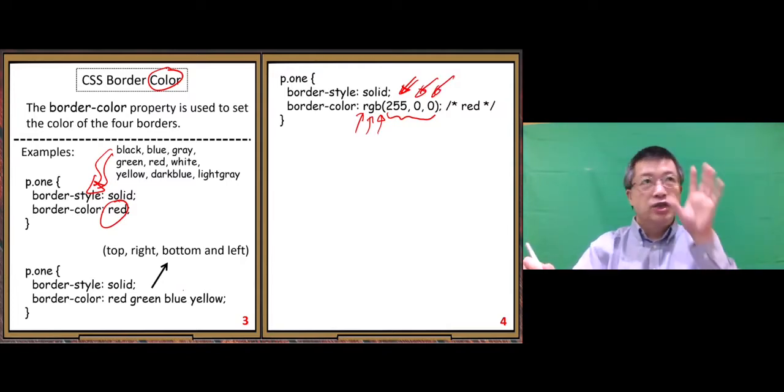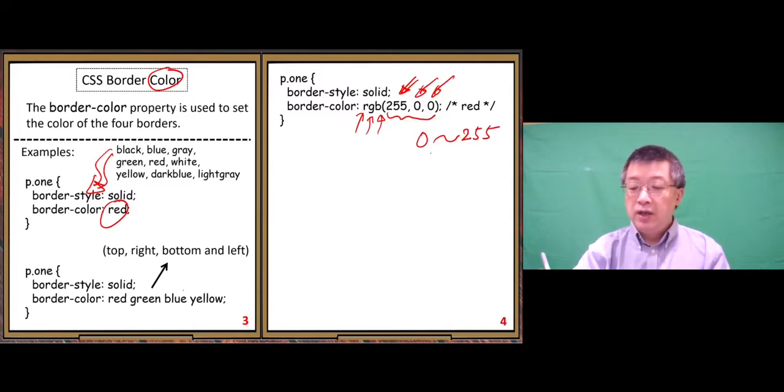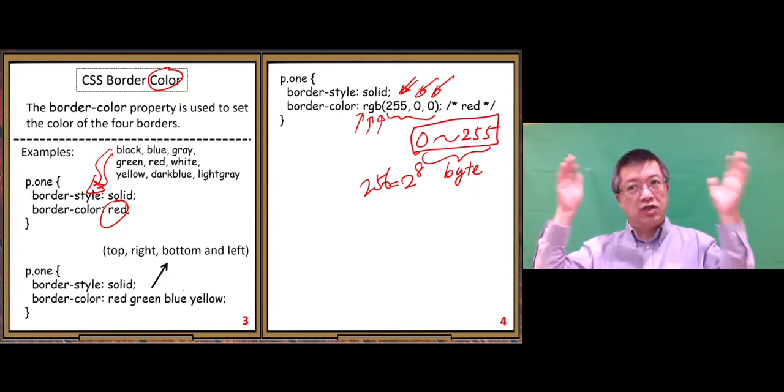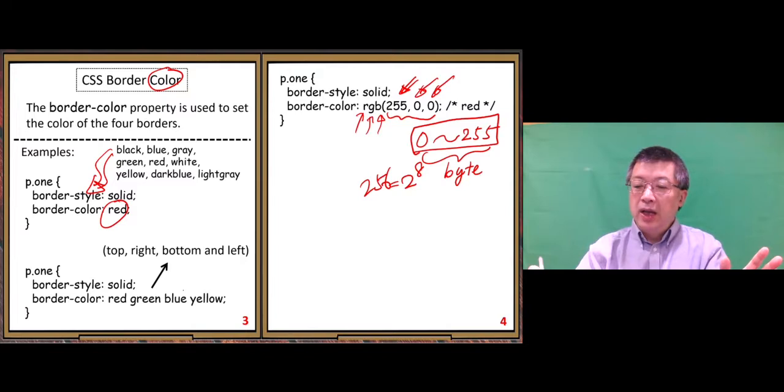For each color, the value changes from 0 to 255. That corresponds to 1 byte. We know 1 byte is 2 to the 8th power, that is 256. So from 0 to 255, that's 1 byte.